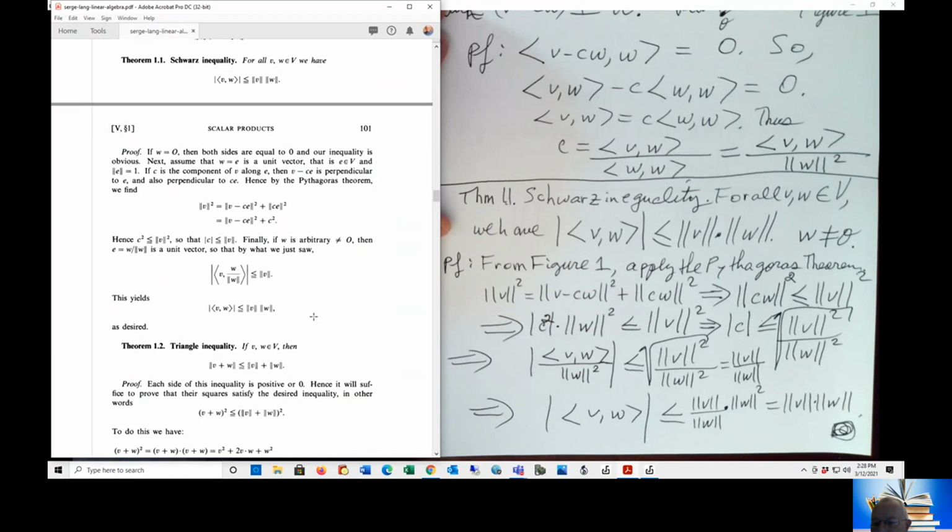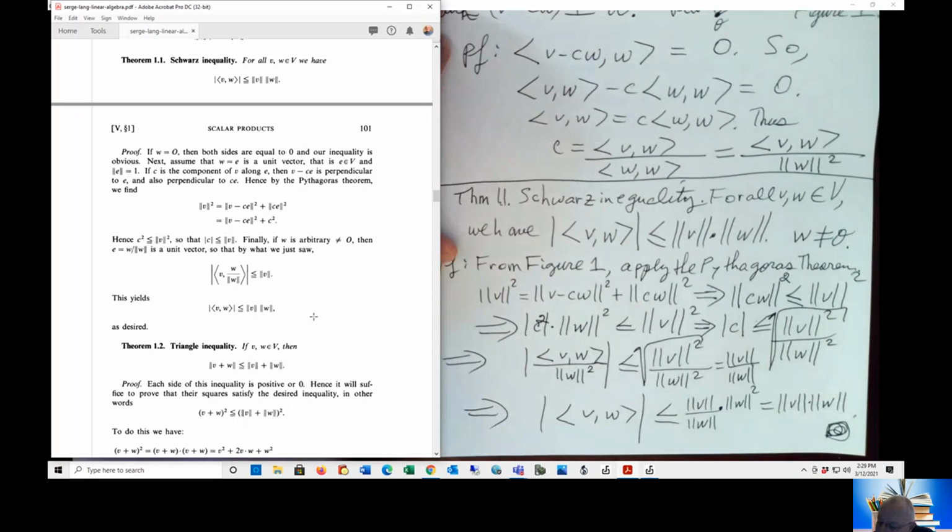So that means that the absolute value of C squared times the norm squared of W is less than or equal to the norm squared of V. Square root both sides. You have the absolute value of C is less than or equal to the norm of V divided by the norm of W. I didn't write that out there, but that's exactly what you have.